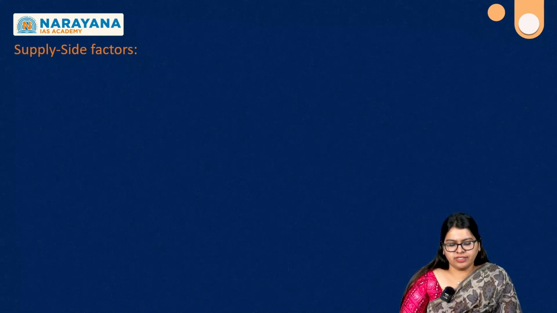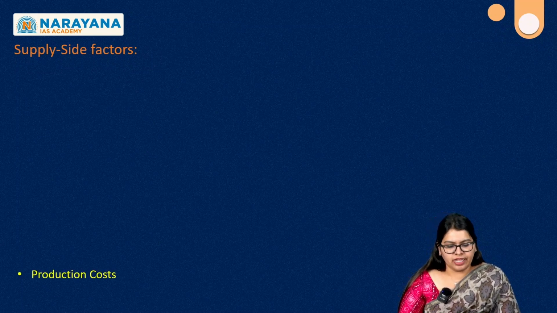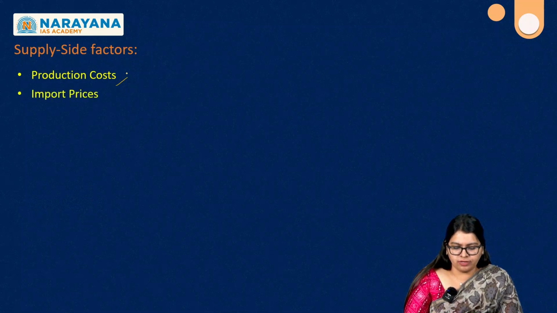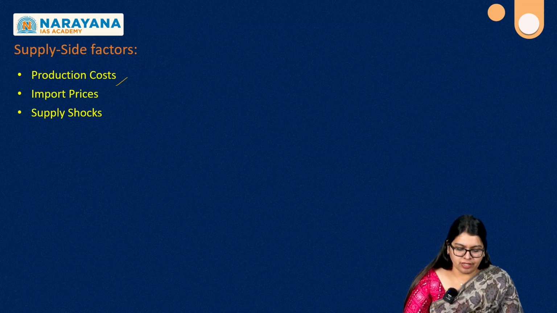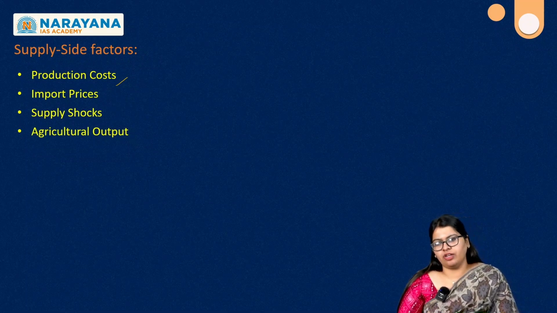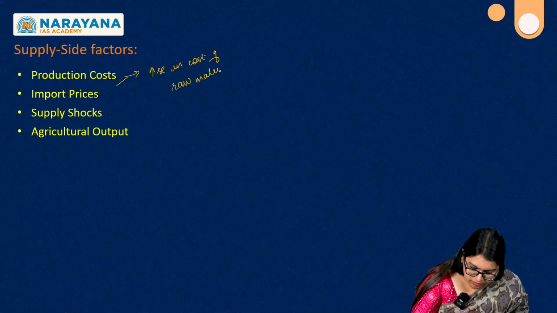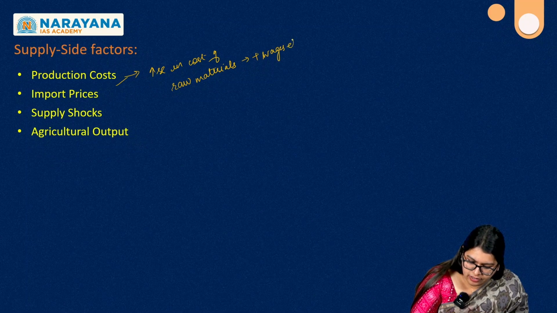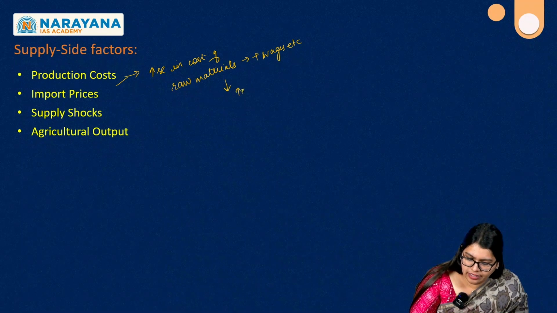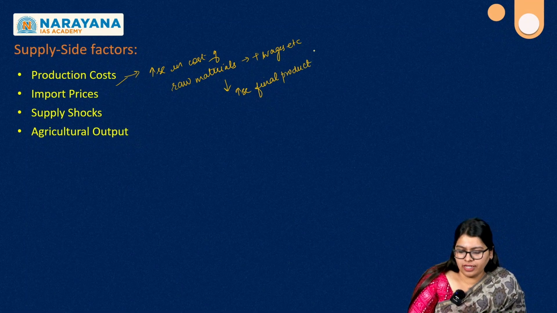And also, as we discuss the supply side factors, they include the production cost, the import prices, the supply shocks, and the agriculture output. Coming on to the production cost, an increase in the cost of raw materials plus wages, etc. will result in an increase in the final product price, thereby causing inflation.